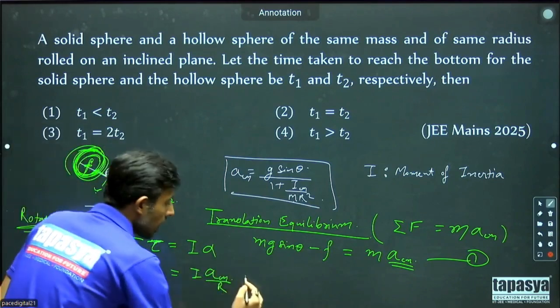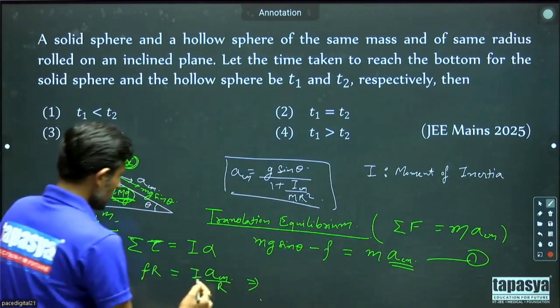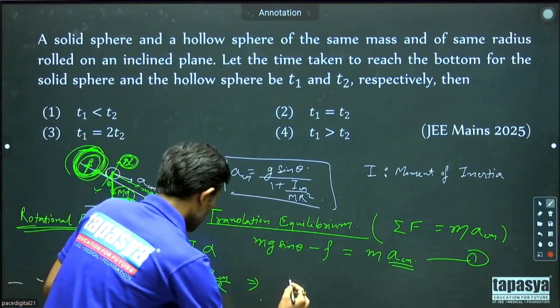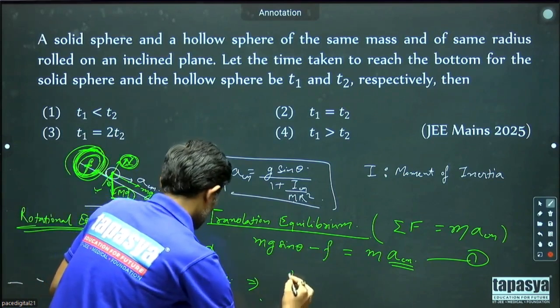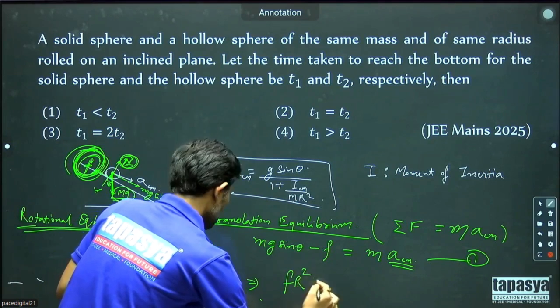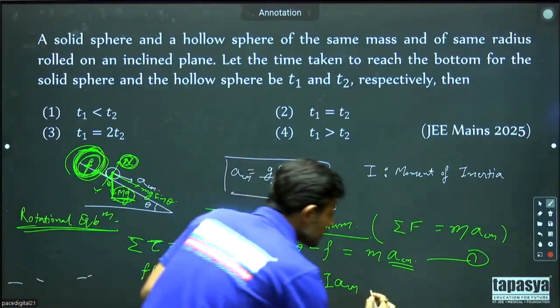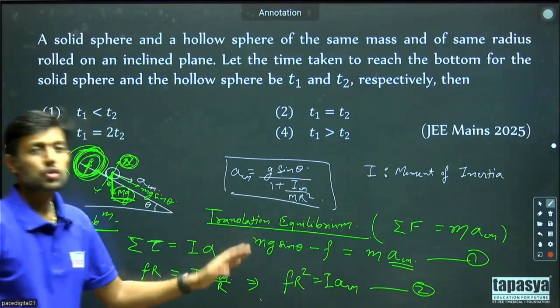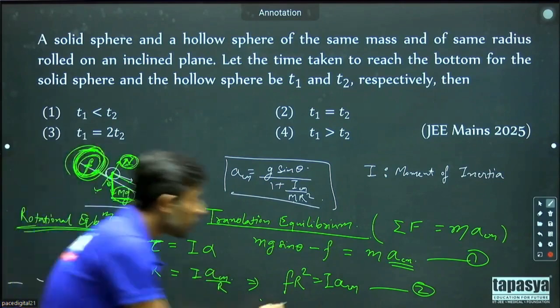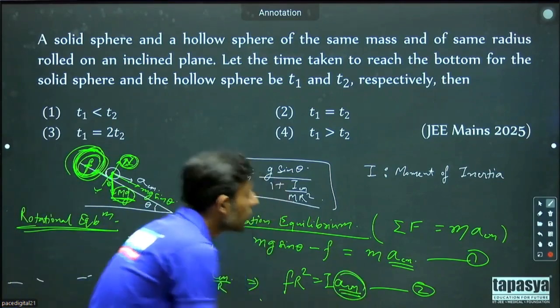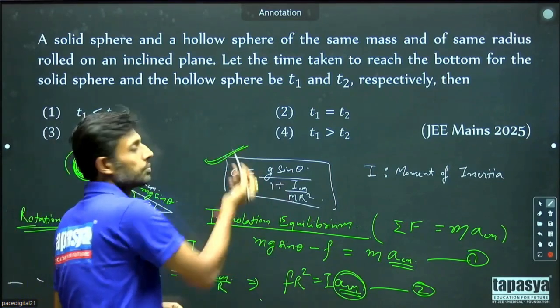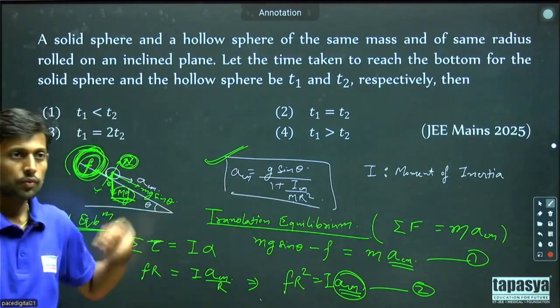So this is another equation we get, which is F R squared is equal to I times acceleration of center of mass. Now these are the two equations. If you solve this, you will get this thing. So that's how we get to this formula.